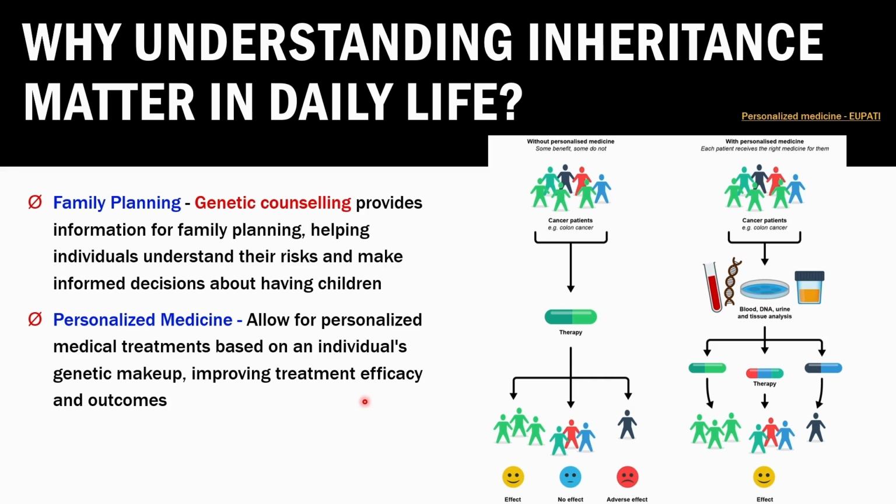So you can make informed decisions about having kids, or you can take proper precautions for that. And the most important one of these is personalized medicine. So we all know about medicine. When we get medicine for a certain disease, for some people, it quickly works.